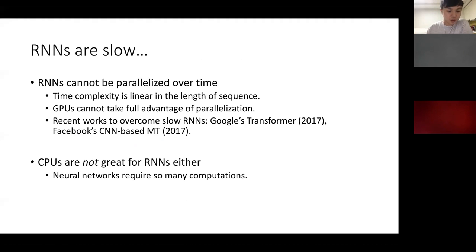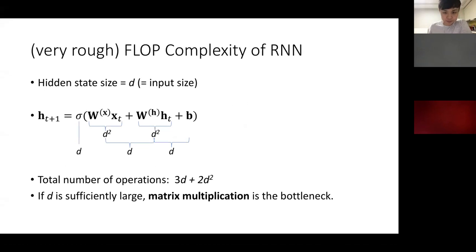So let's take a look at why it's so costly for CPUs to compute an RNN. Here is a very rough FLOP complexity, FLOP being floating point operations, the number of float operations of an RNN. If you consider the hidden state to be of size D, and let's just assume that the input is also of size D for ease of explanation, but it could be anything.